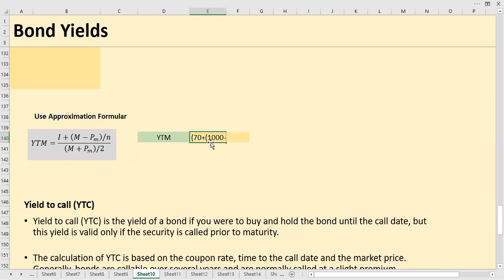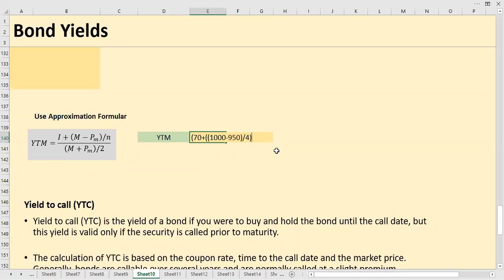The market price is equal to 950 according to the sum, and we are going to divide it by the number of periods, that is 4 years according to the sum. So I am going to introduce another bracket here. So that is 4 years.